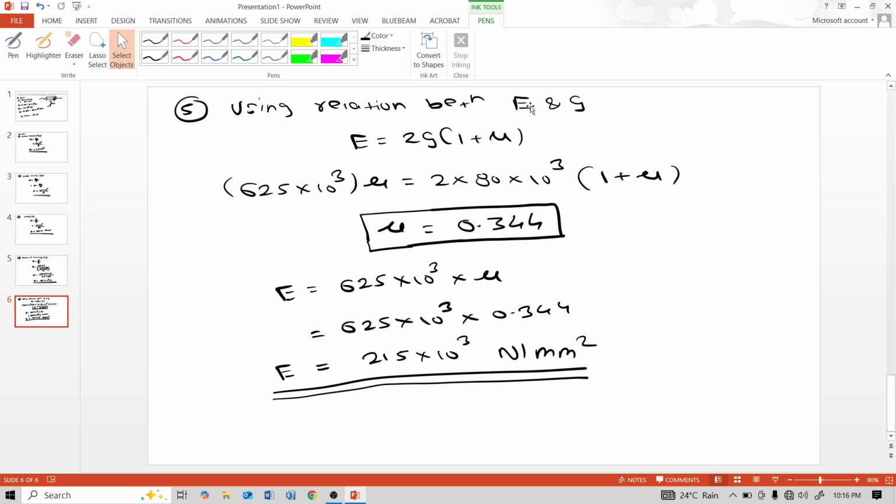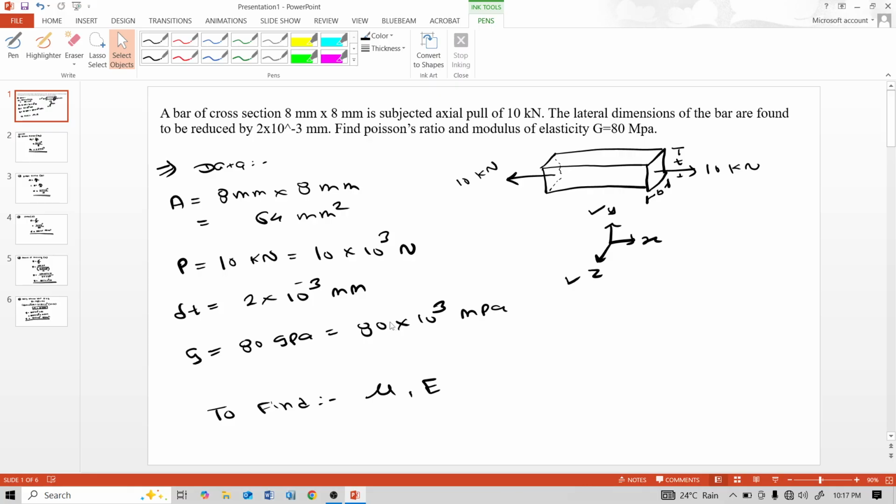And using the relationship between modulus of elasticity and shear modulus, we find mu, Poisson's ratio, is equal to 0.344 and modulus of elasticity is 215 into 10 raised to 3 Newton per mm square. Okay, thank you very much.